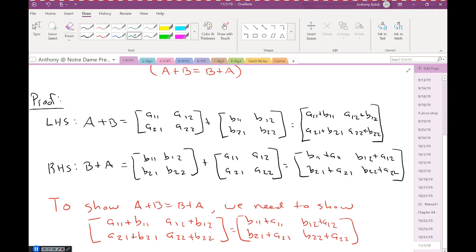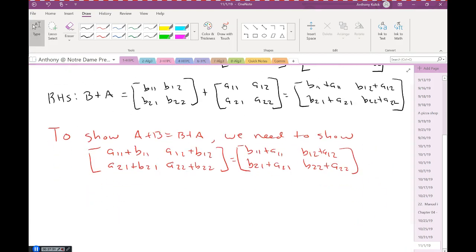So that's what we would need to show in order to prove this.